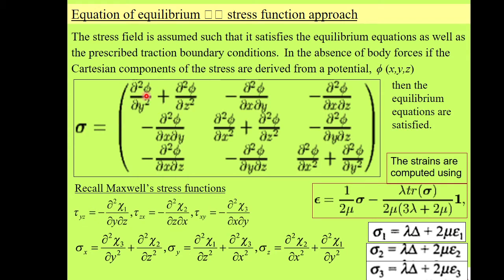Although this is phi only, this phi might be something like this. So we have to use a three-dimensional stress function. This Maxwell's function can be used. In that case, it would be chi1, chi3 and chi2. So phi in general has three components now.